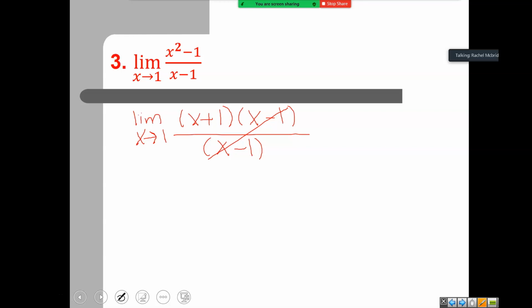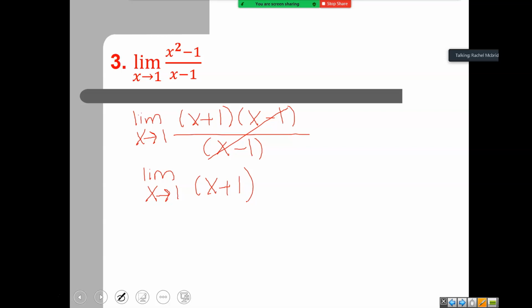Now, what I want you to take note of is until I plug in the 1 for my limit, I always write the limit. Because just like a function, until you actually plug in the number, you haven't done the operation. The limit as x approaches 1 is an operation. It's kind of like saying something squared. It's part of our PEMDAS order of operations.